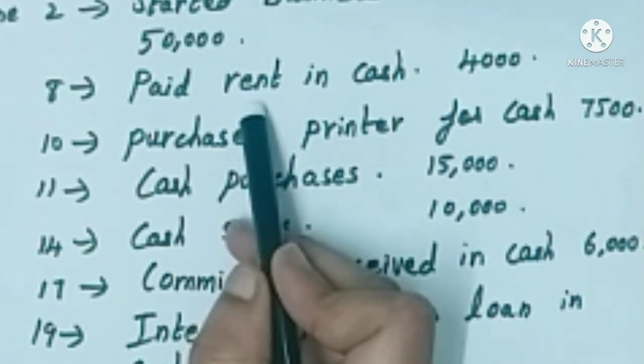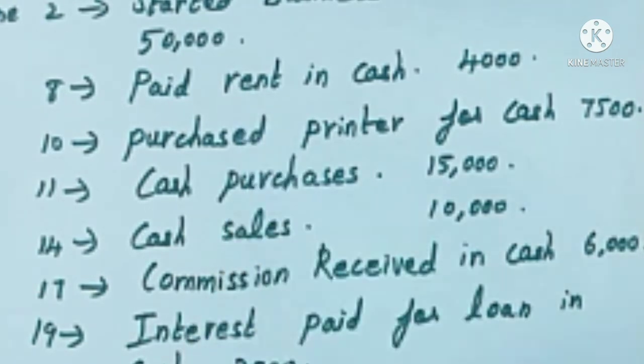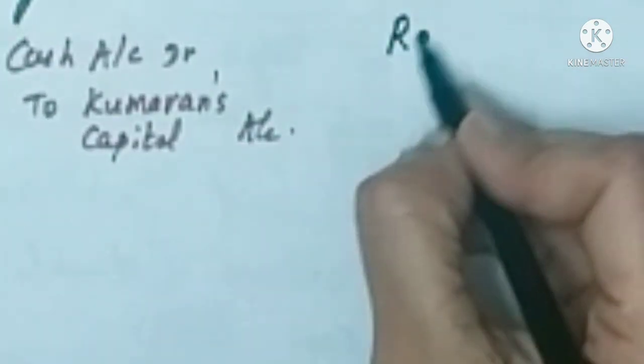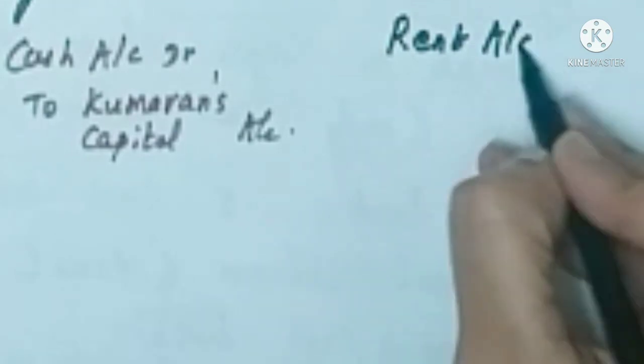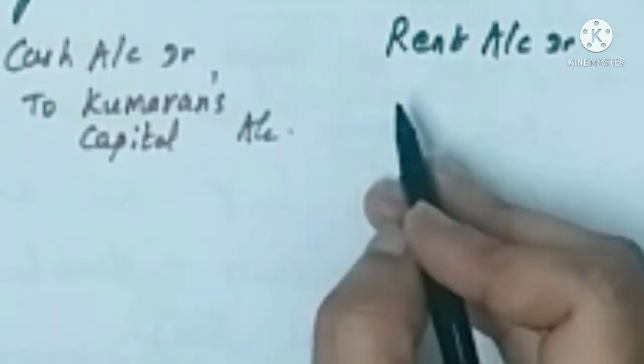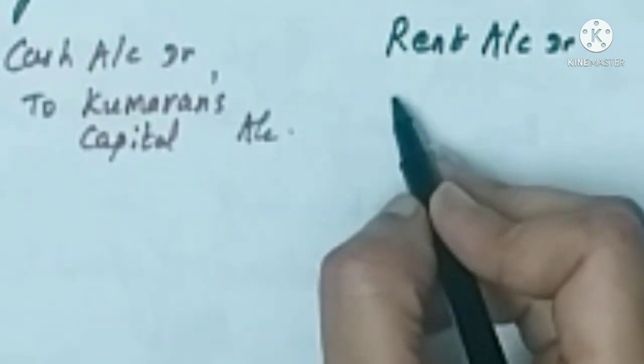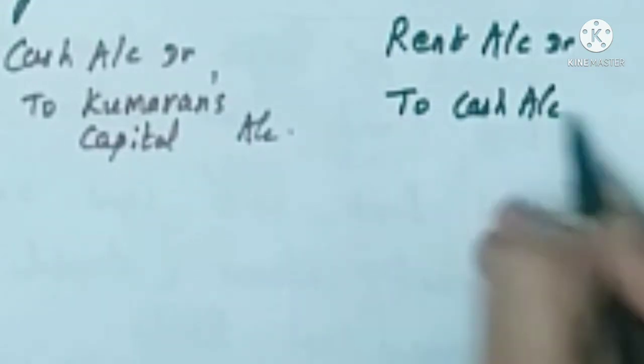Now, let's see how to pass the journal entry for this transaction. Rent is paid. So, what is the entry? Rent account debtor, isn't it? Then, what is happening? Cash is going out. So, to cash account being rent paid.